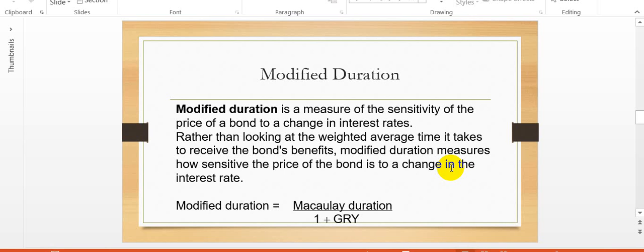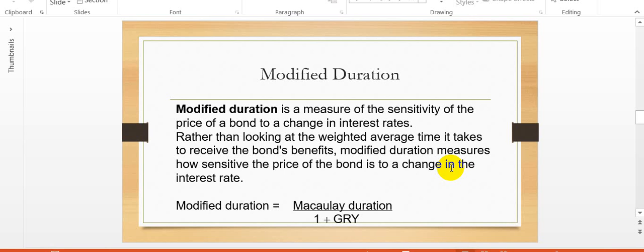Modified duration is a measure of the sensitivity of the price of a bond to a change in interest rates. So rather than looking at the weighted average time it takes to receive the bond's benefits, modified duration measures how sensitive the price of the bond is to a change in the interest rate.